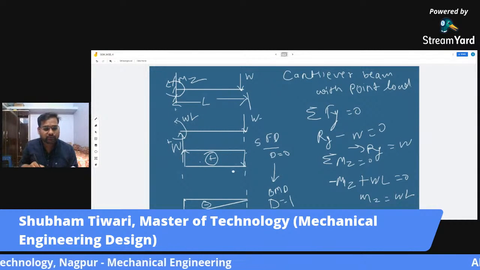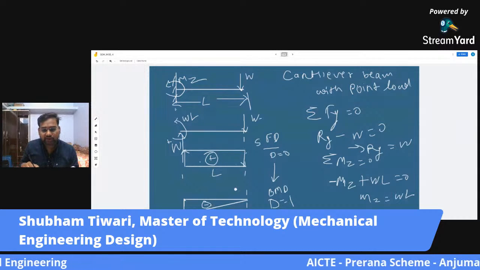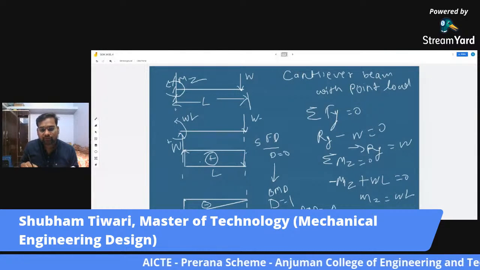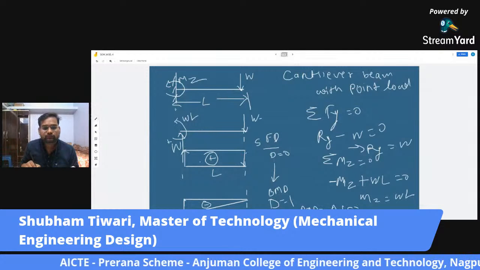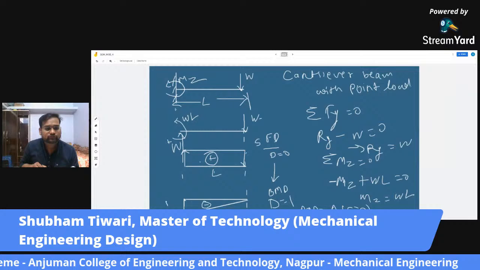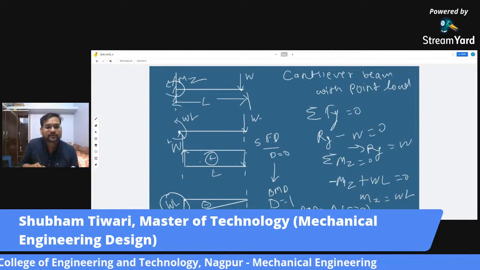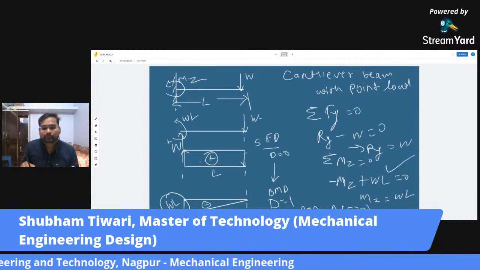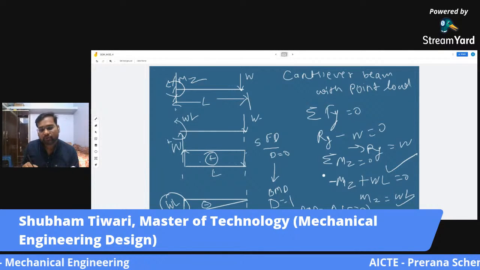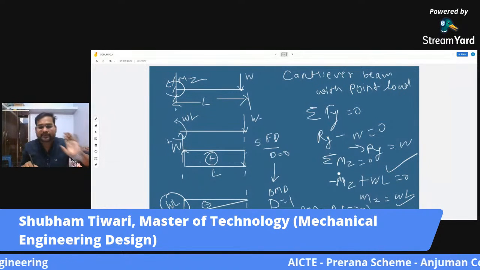It was W here and here it is L. So the magnitude of BMD is equal to the area of SFD. So what is the area of SFD? W into L. That is the magnitude of the bending moment. So this was one case.